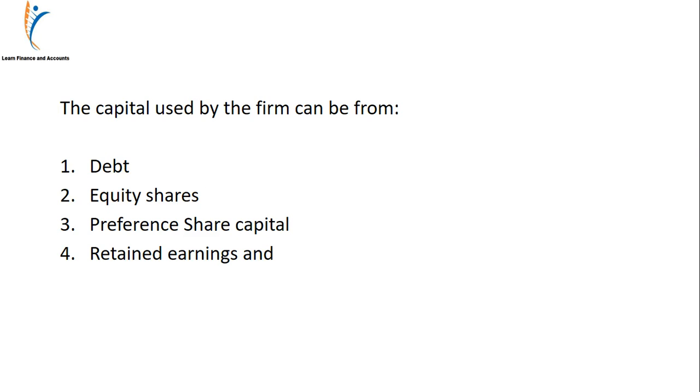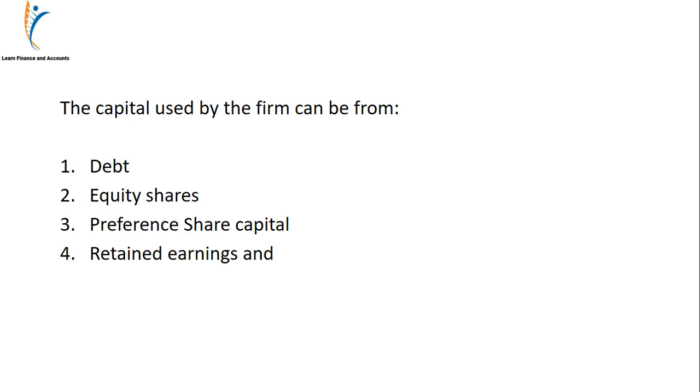So, in order to raise capital, the company offers a fixed return to the investors. When a fixed return is promised to the investors, then they raise capital through issuance of preference shares. Preference shares have a fixed return. So, this is the third source of finance or capital.